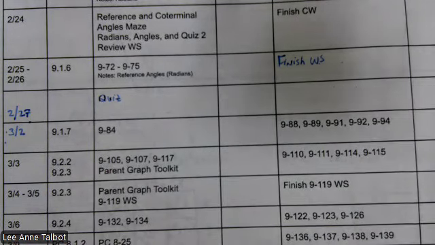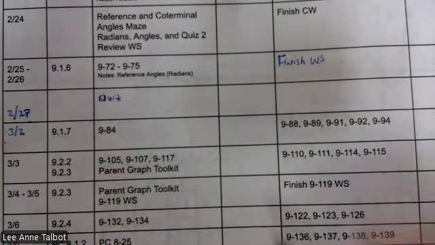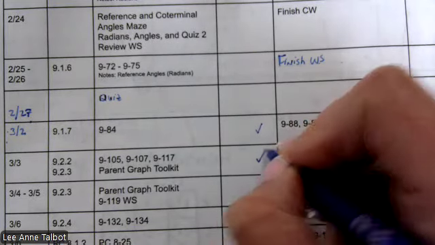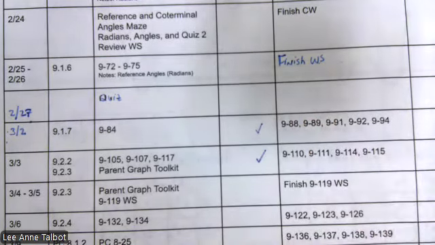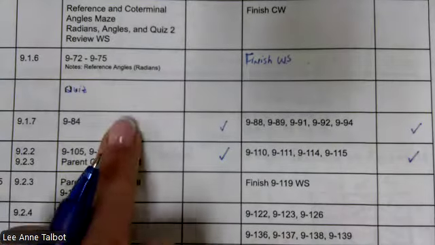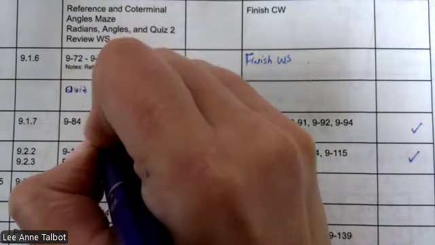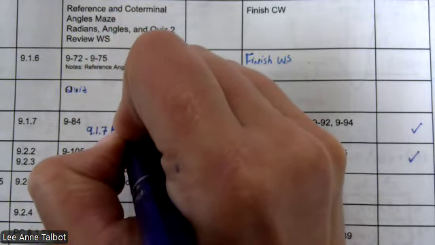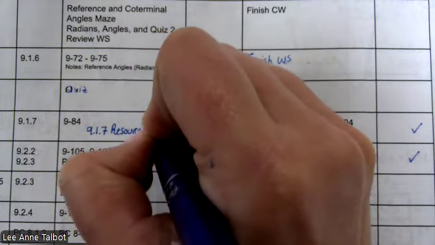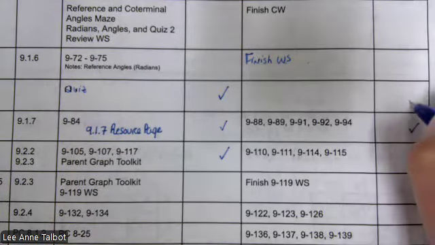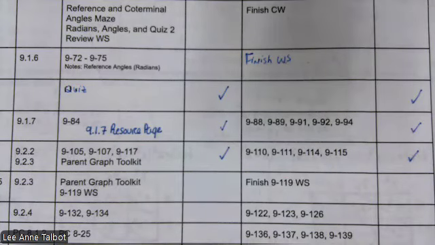So the things I'm looking for right now are this, this, this, and this. This first one is not in the packet. It's the 9.1.7 resource page. And then I can stamp everybody's quiz and free box if you want me to, just to make it look consistent.